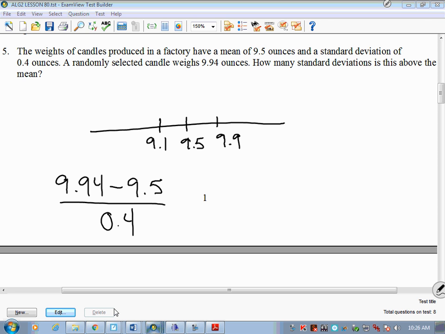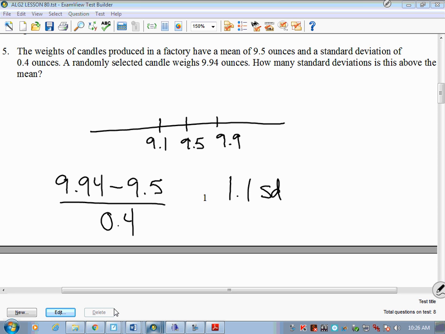So we're going to take 9.94 minus 9.5 and divide by what? 0.4. Okay? What's 9.94 minus 9.5? 0.44, right? What's 0.44 divided by 0.4? 1.1. So our answer is 1.1 standard deviations. Okay?